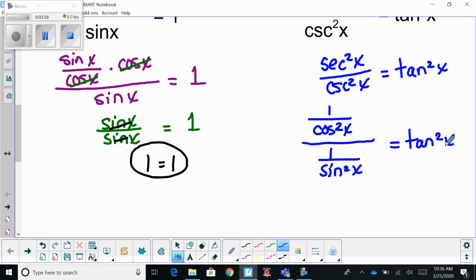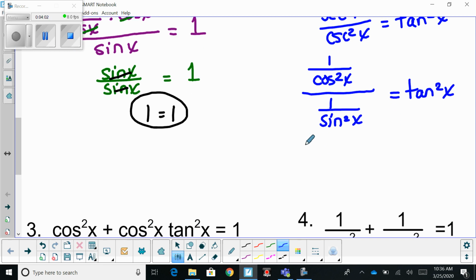Then what I have on the left is a fraction divided by a fraction, so I can keep, change, and flip. Keep your numerator, change to multiplication, flip the denominator.